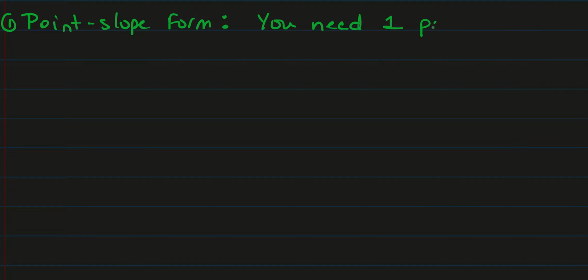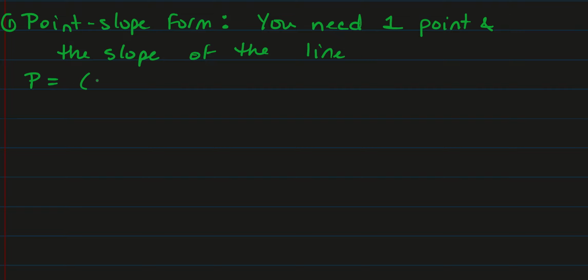So the first type, point slope form. What you're going to need, you're going to need 1 point and the slope of the line. And so your point, let's say the point you're given is P, is going to be x1 comma y1.